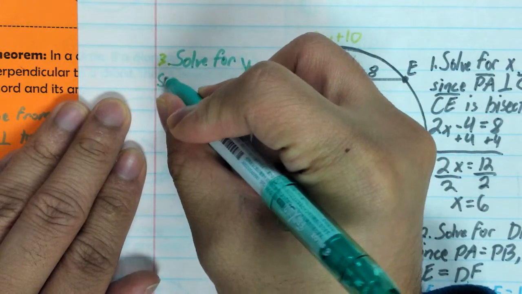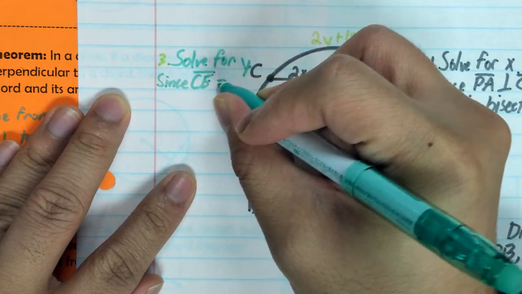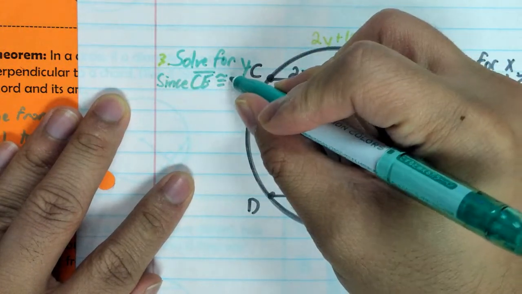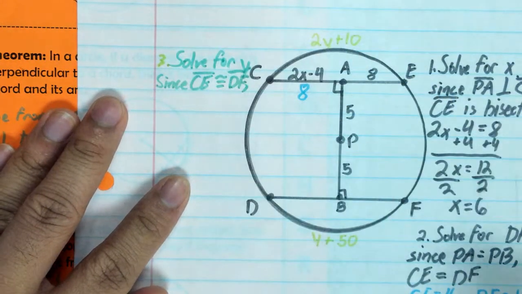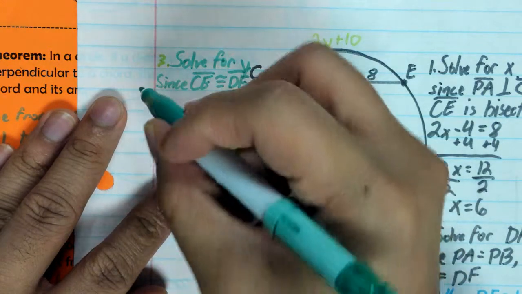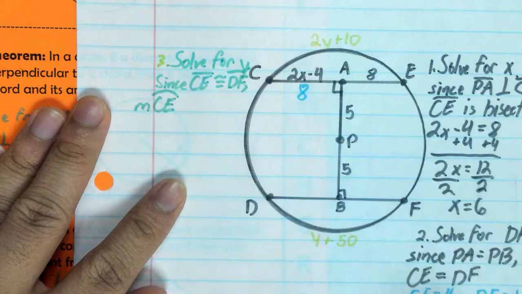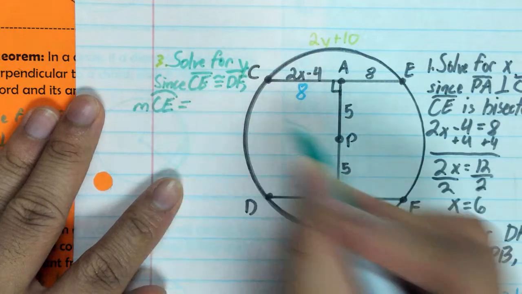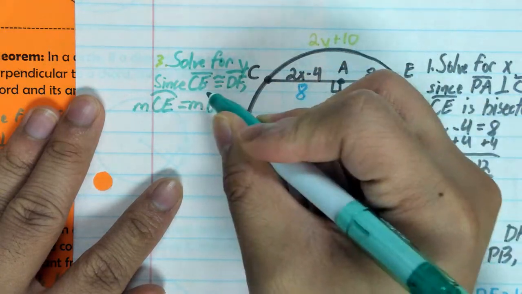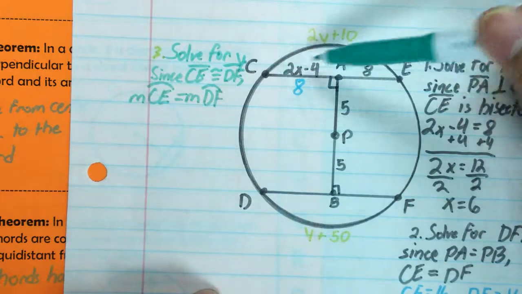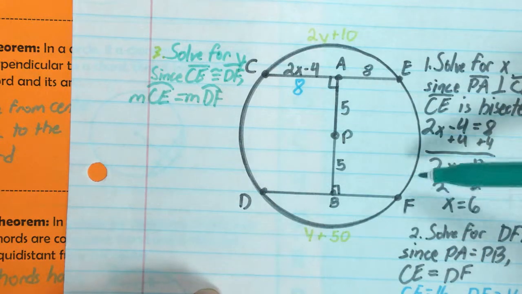So, since segment CE is congruent to segment DF, we can therefore say that the measure of arc CE equals the measure of arc DF. Remember, congruent chords create congruent arcs.